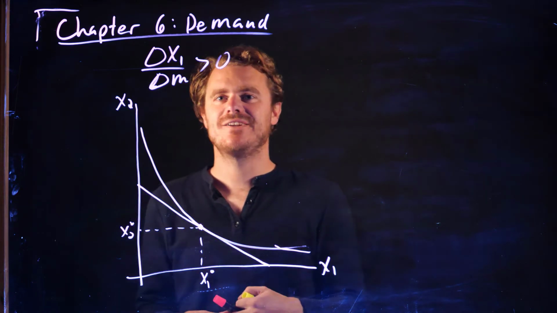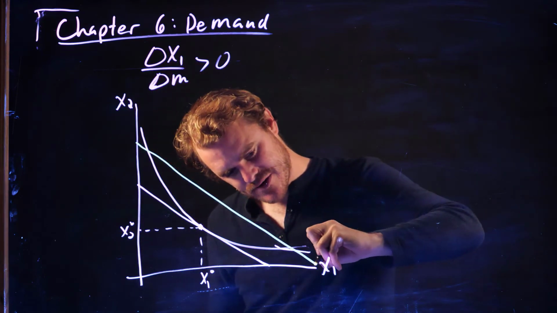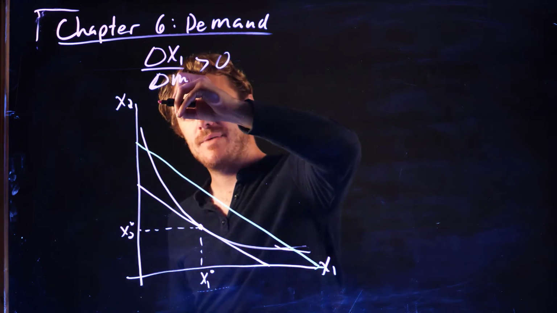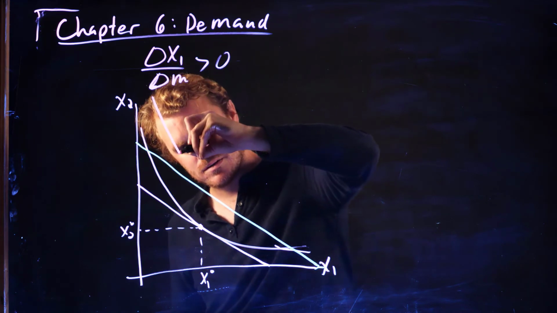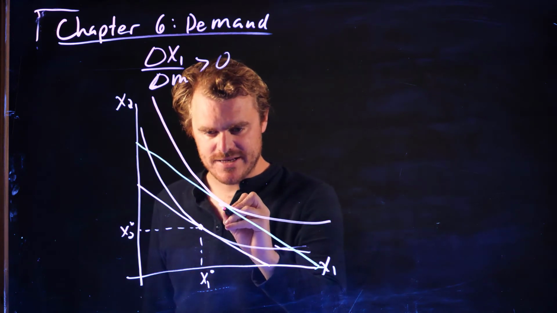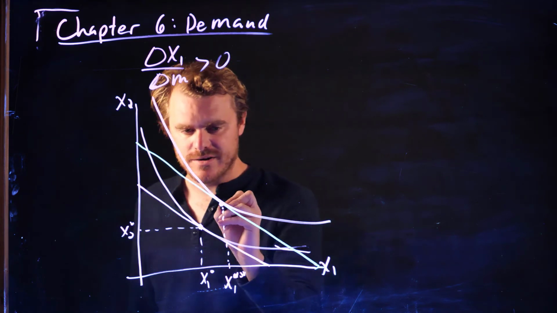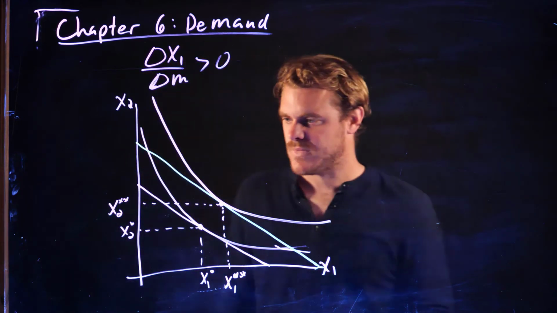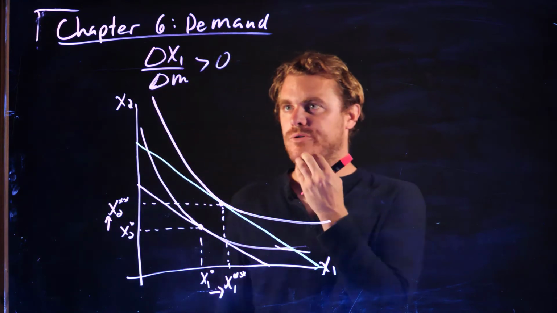Then we have this increase in income, and so there's a parallel shift out of the budget constraint. They're going to be able to get a higher utility. So let's draw this indifference curve like this, and here's the new optimal choice, x1 star star and x2 star star. We see that when income went up, the optimal amount of both goods went up.